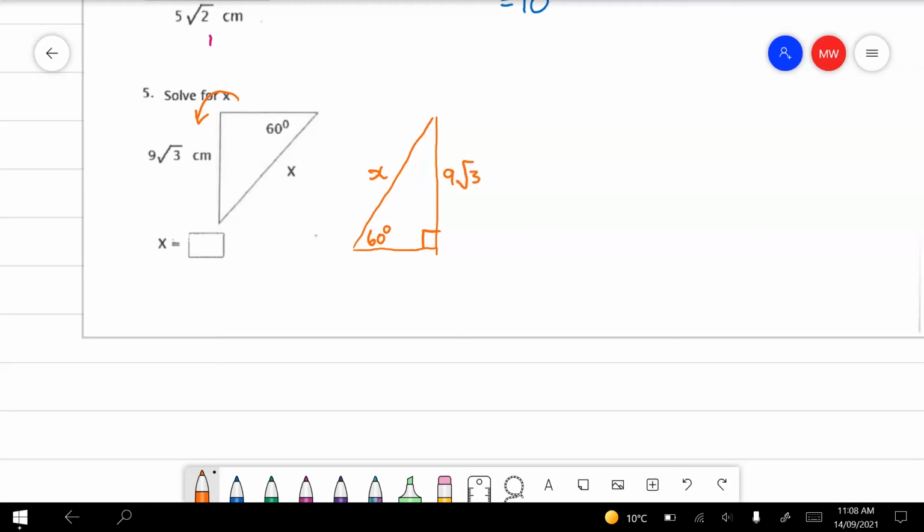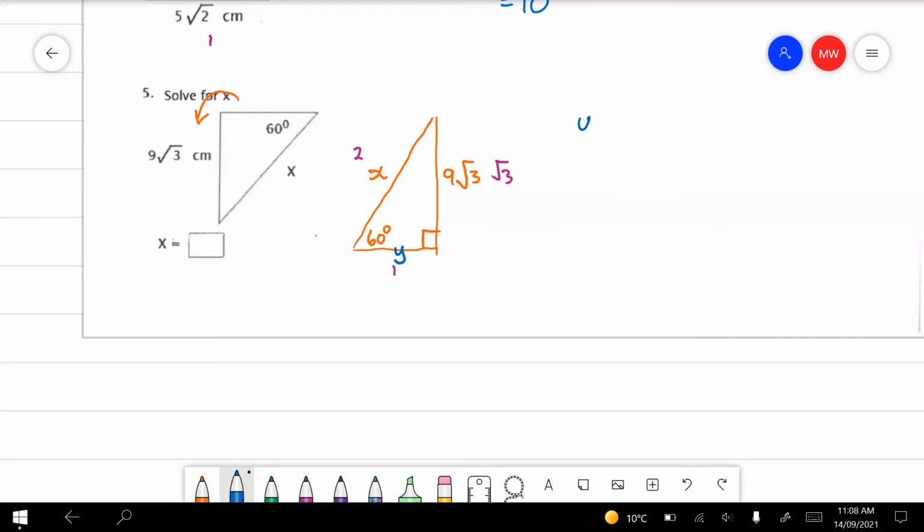Interesting, this one. Let's have a look at the ratios. This has a ratio of 1 to 2 to root 3. And I'm going to do this one as a double stepper. I don't really want to jump straight from x over to here. Sometimes it gets confusing. So I'm going to give this a value of y, and I'll work out y first.